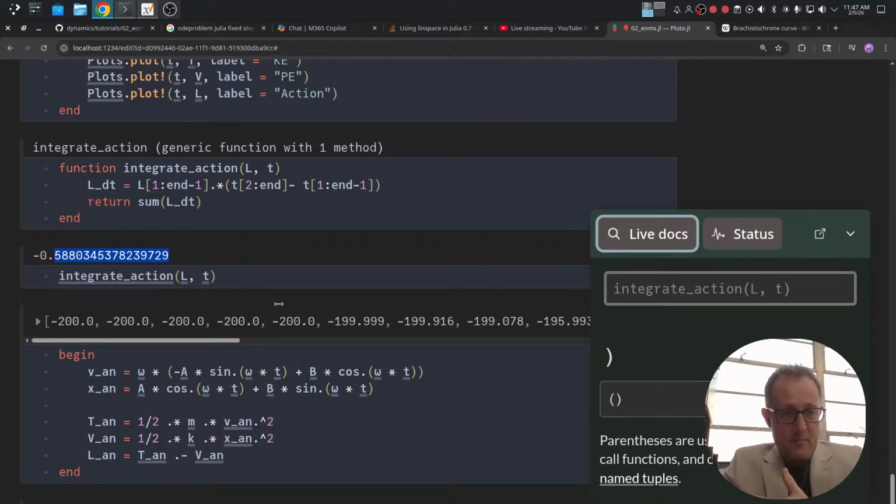You'll always end up with some bigger number for that total action as you integrate it over time, which is kind of cool and spooky, or I don't know. It's up to you, however you interpret that.